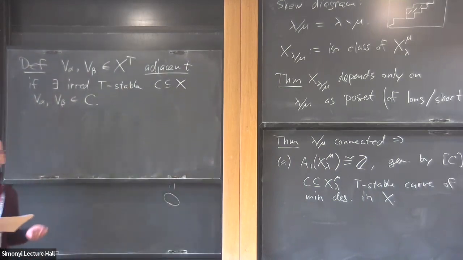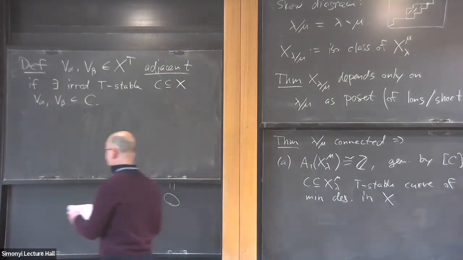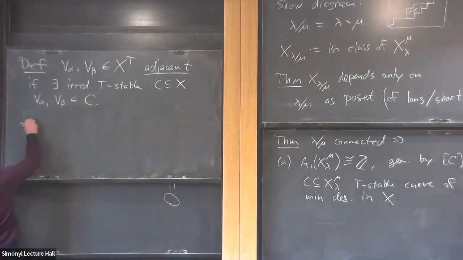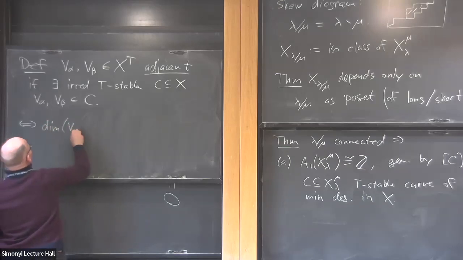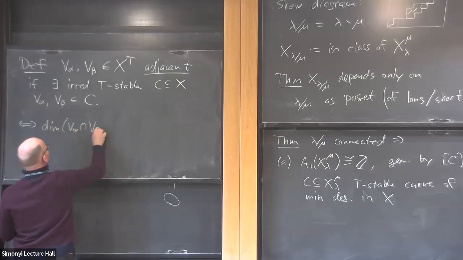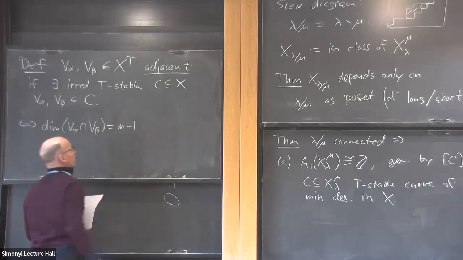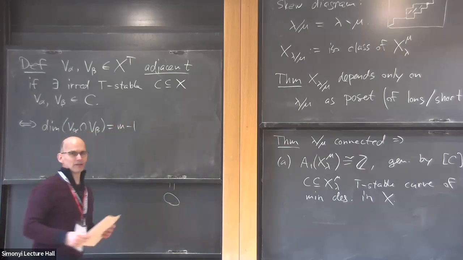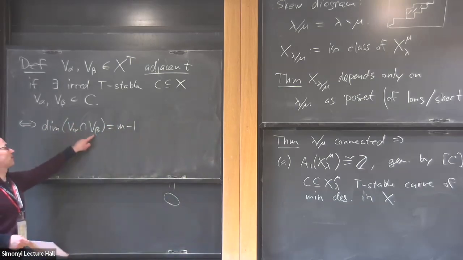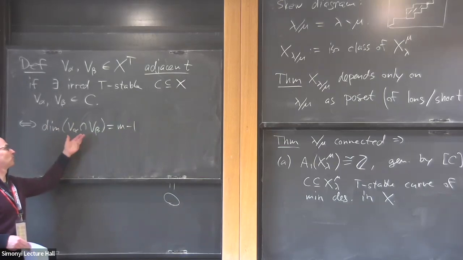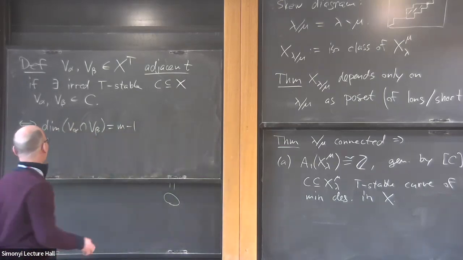And for the Grassmannians, which I stick to when I say anything concretely, this is very easy to see. This is true if the dimension of V alpha intersect V beta is equal to m minus 1. Remember, I'm on a Grassmannian of m-planes, so each of these vector spaces has dimension m, so they should almost be the same. The intersection has dimension m minus 1.